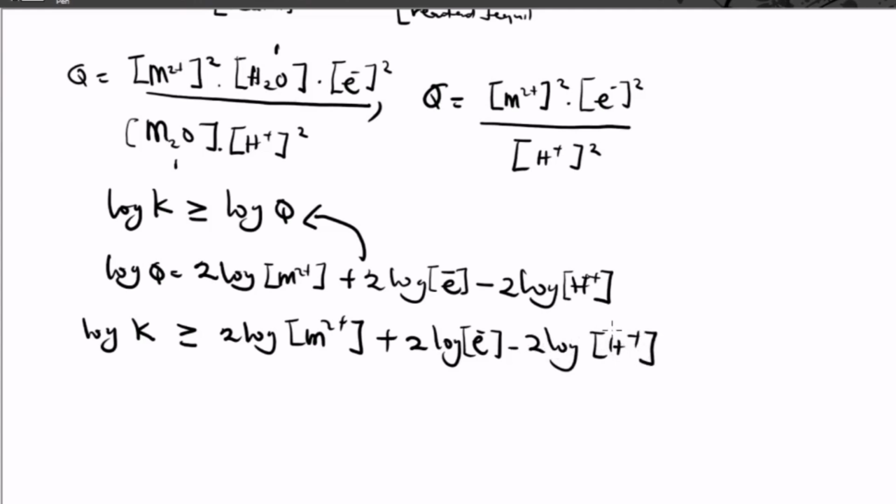As we established, negative log of hydrogen ion is pH, and negative log of electron is what? That's the E minus, which is pE, the potential.